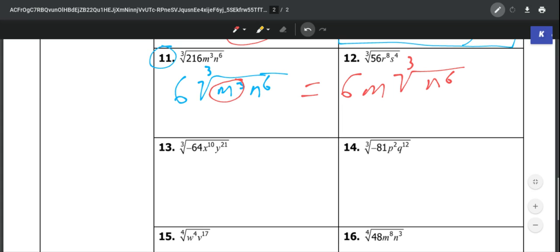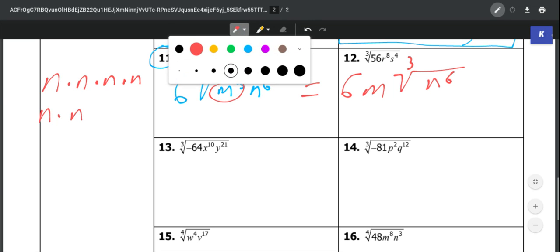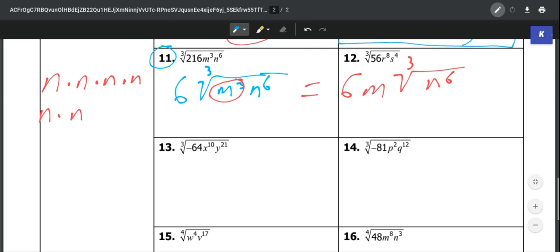That just is telling us n times n times n times n times n times n. Now, I'll write that out just so you can see it. This is the best way to visually look at it. After you get used to these, they'll become a lot easier. So if we have an index of 3, the only way we can take these variables out of the radical is if we have them in groups of 3.